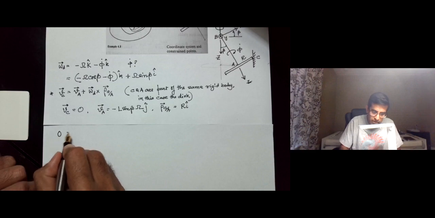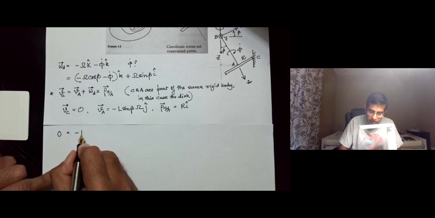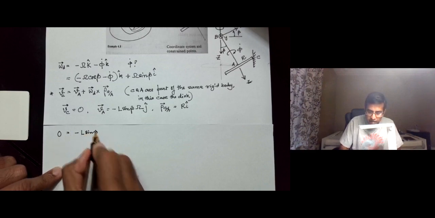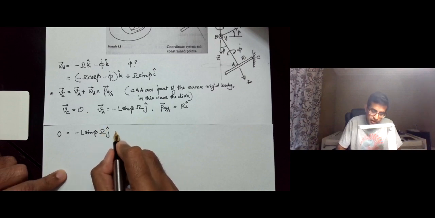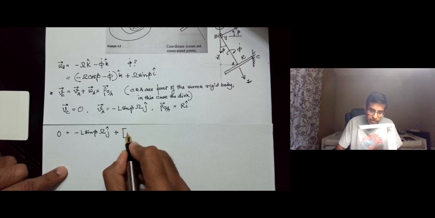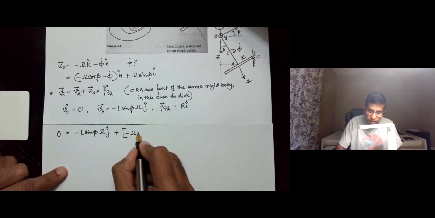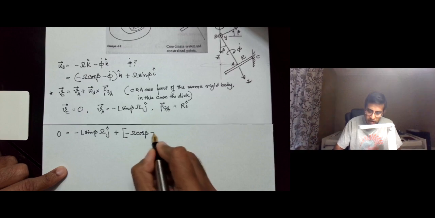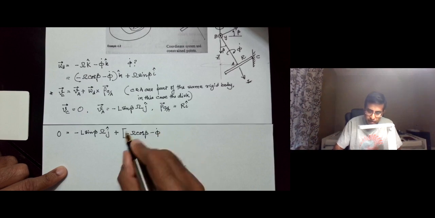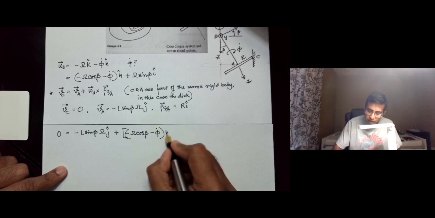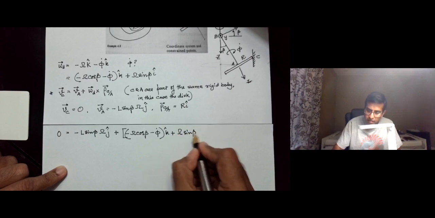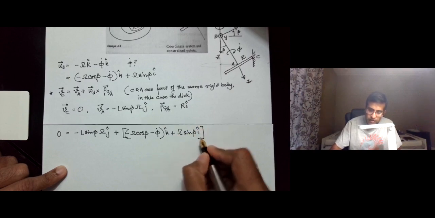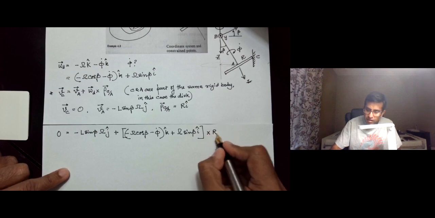So we have 0 is equal to negative L sine beta times capital Omega times j plus the angular velocity of the disk, which is negative Omega cosine beta minus phi dot k plus Omega sine beta I, this cross R I.